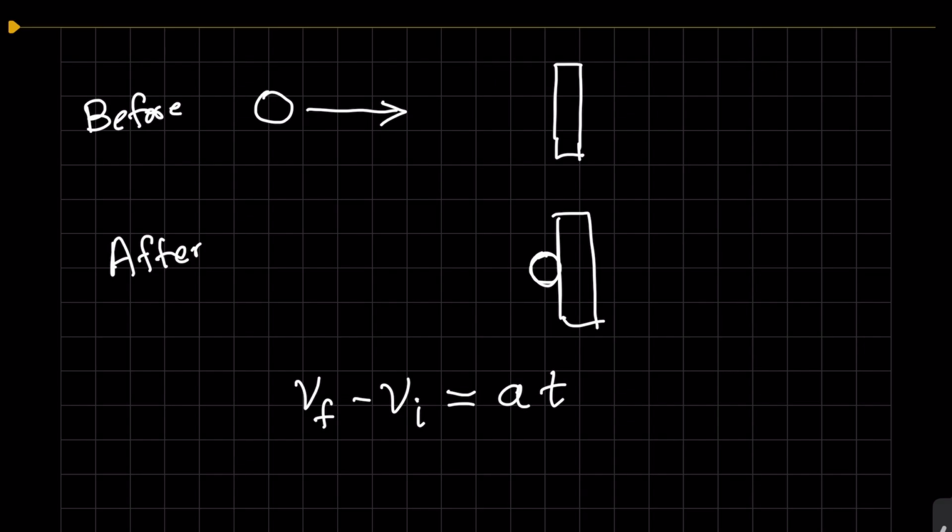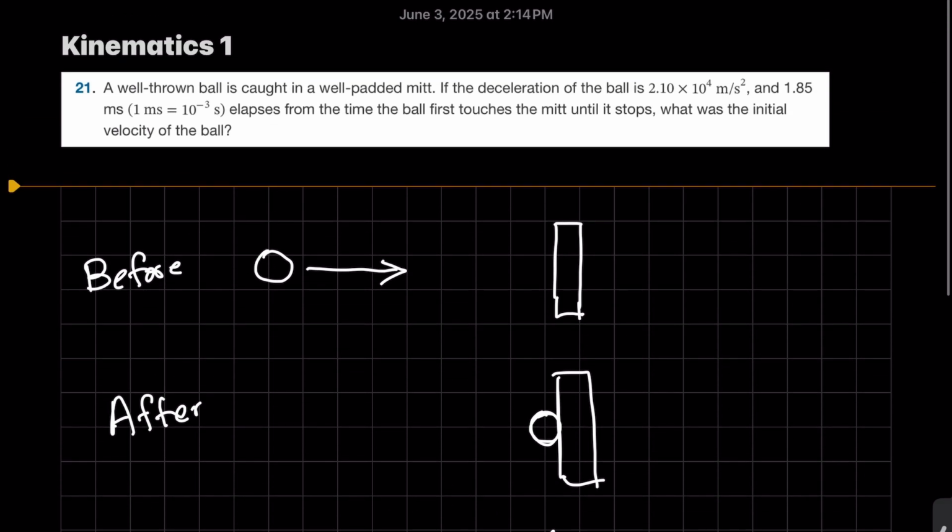This initial velocity would not change if there was no acceleration. And because there's an acceleration, that initial velocity is changing by some amount. Okay, so this is the key idea here to apply to this problem.